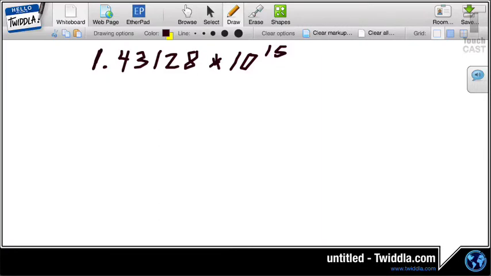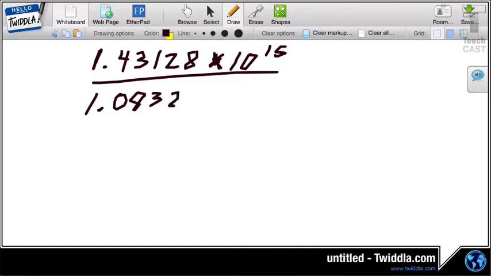And that's the volume of Jupiter, in units that I forgot to note. Volume of Earth, excuse me, 1.08321 times 10 to the 12th.